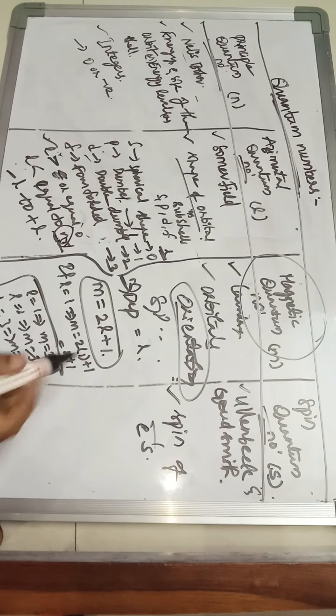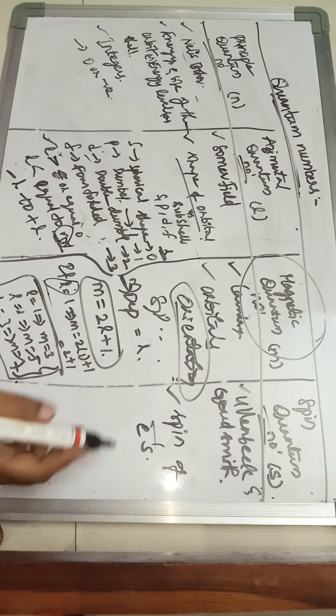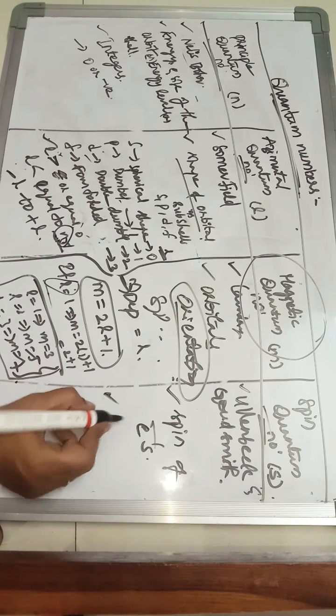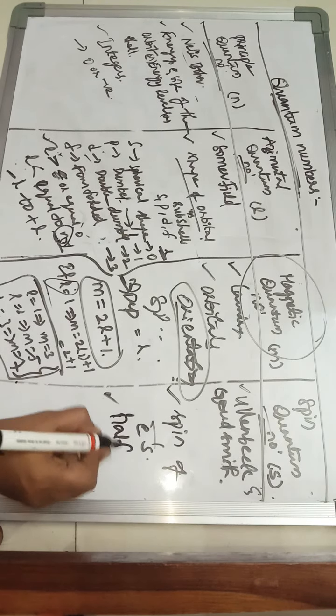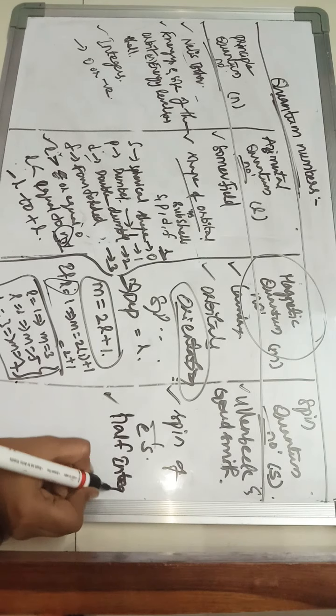Okay, and the magnetic value depends on L value, and here the s value is a half integer.